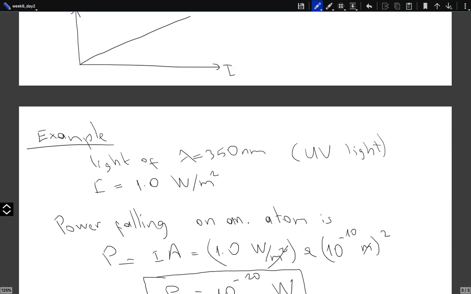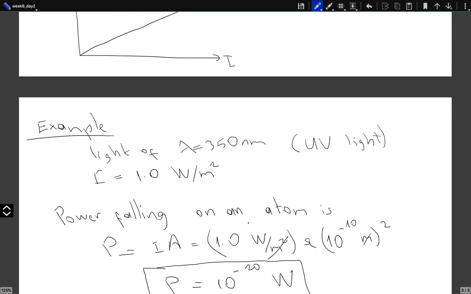So in a sense, this power, 1 watt per meter squared, cannot be just uniformly distributed over the whole area. It should be concentrated so that the electron can acquire all the energy it needs just at once.